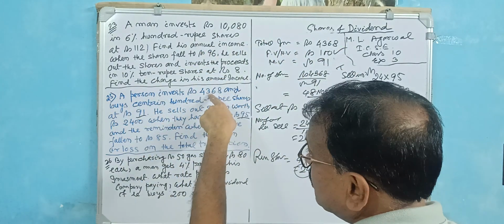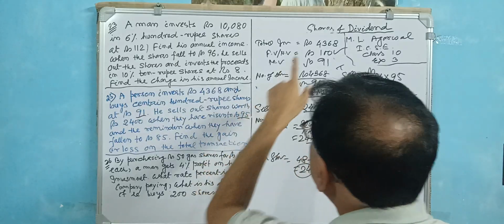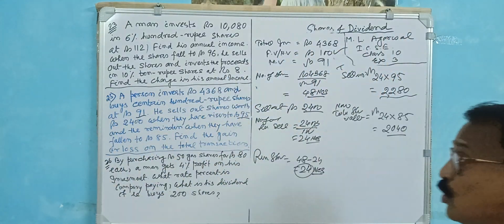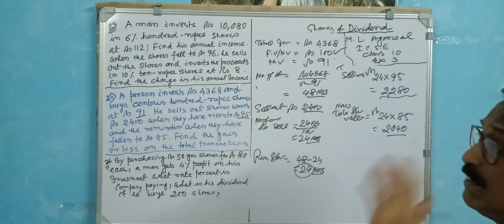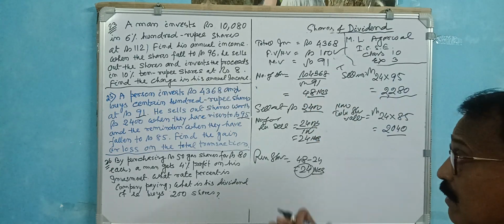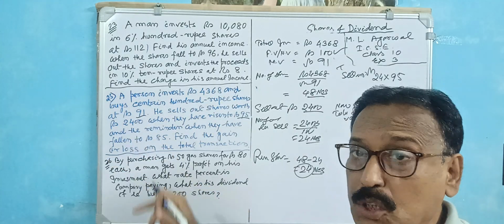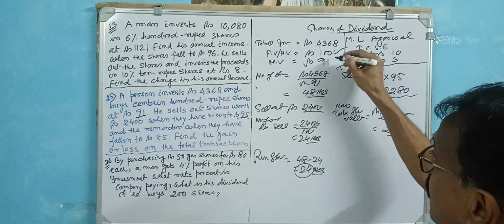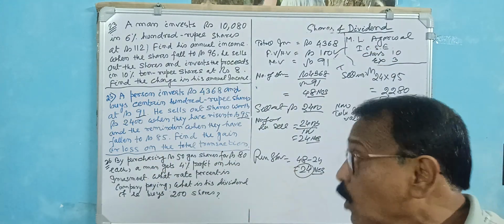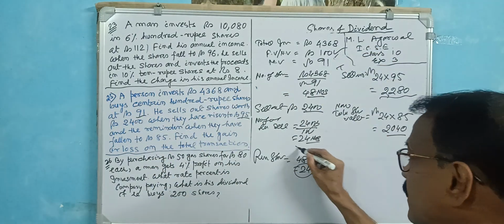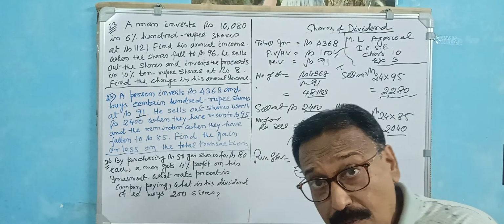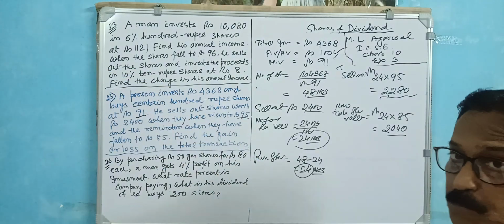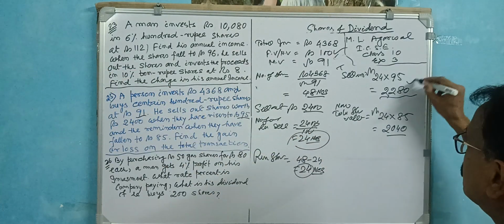First, he invests this and buys certain 100 rupees shares at this. The total number of shares he bought is 48. Out of this, the amount 2400 is sold, and since 100 is the nominal value, he sold 24 shares when the price rose to 95. Then he collects this.